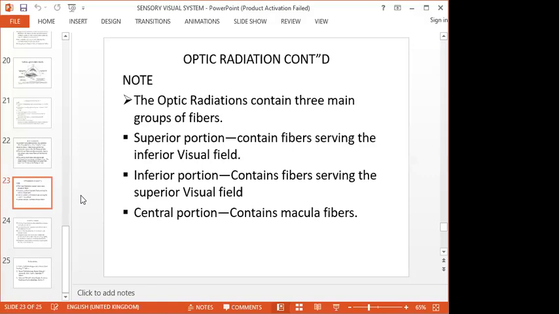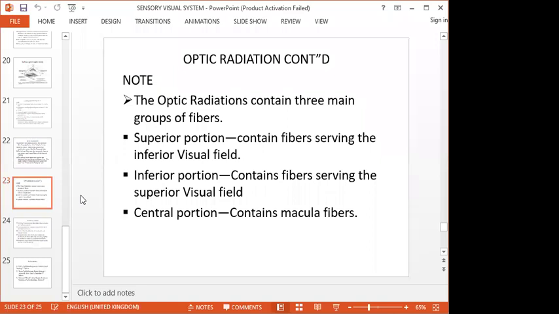Inferior comes from both down. This field is the temporal side of this retina and the nasal side of this retina. Superior is the inferior part, which gives you the superior vision. That you have to appreciate before you say the lesion is here.